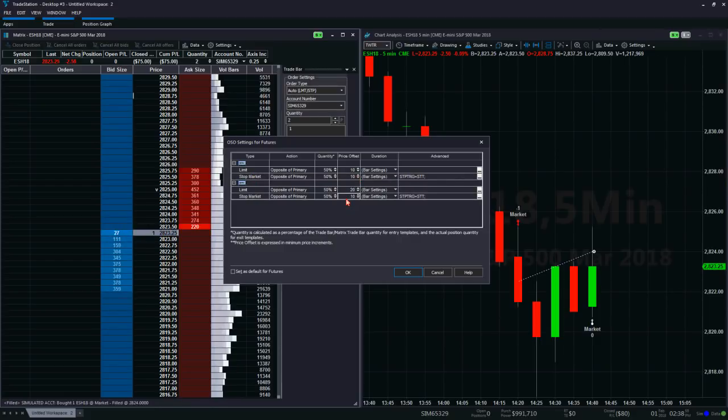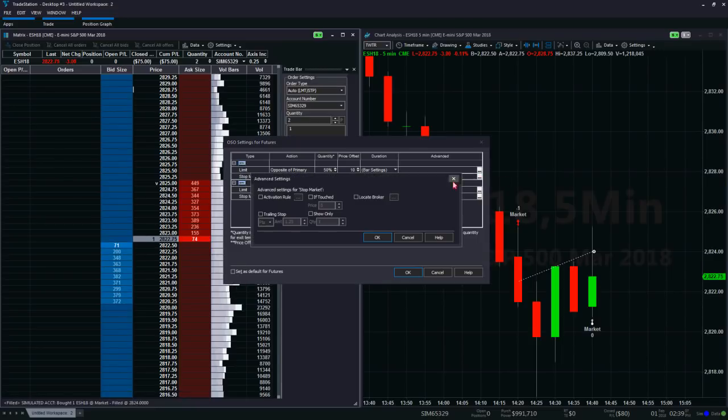If I want my stop to be trailing, this is what you do. Highlight your stop, click on the ellipsis or the three dots over here on the right-hand side, put a check on trailing stop, and I want my trailing stop to trail by, we're going to say, 3 points.